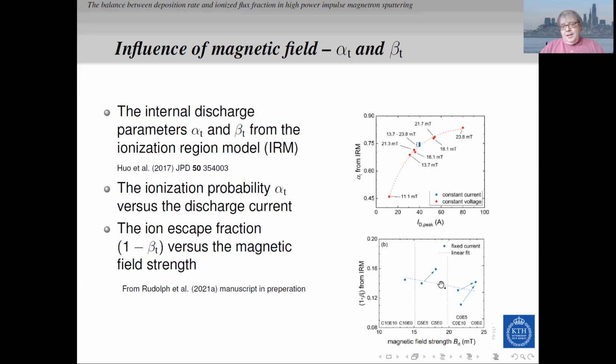The relationship is somewhat complicated, but we see that 1 minus beta decreases with increased magnetic field strength.